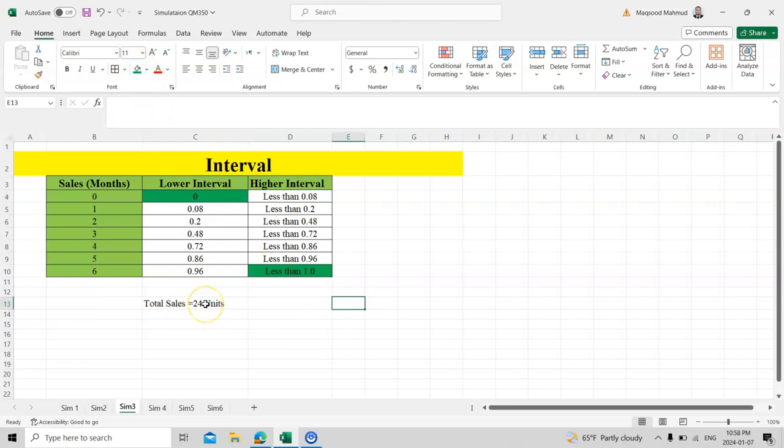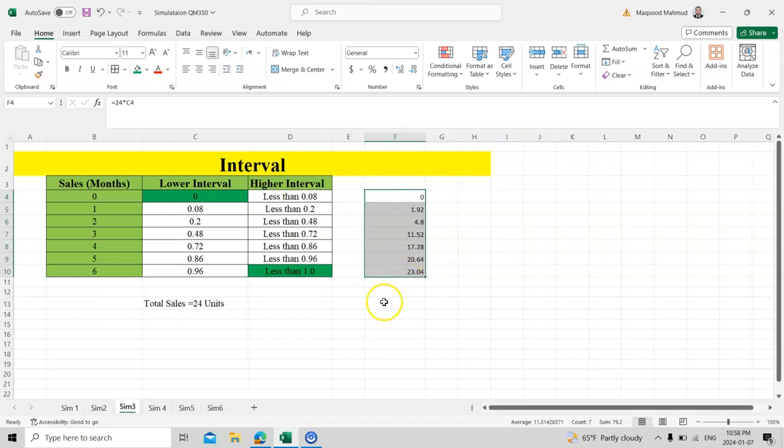Let's suppose you have 24 units. If you want to apply 24 multiplied by this frequency, let's simulate it, and you have the different sales of the month. So for the 24 units, the sales would be according to the lower probability.